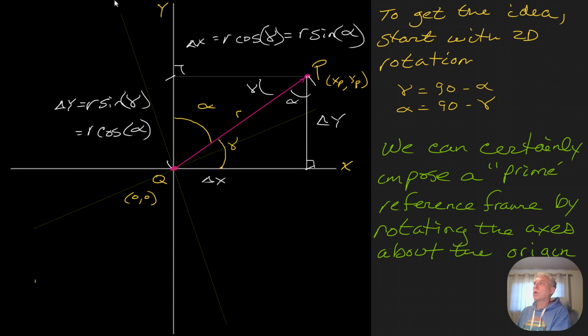And let's say we rotate those axes by some amount theta. So that angle's theta, that angle is theta, because this is an orthogonal rotation, isn't it? All of the axes remain perpendicular. That's what we're going to look at for our rotation.